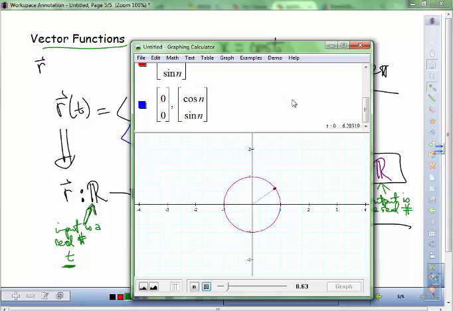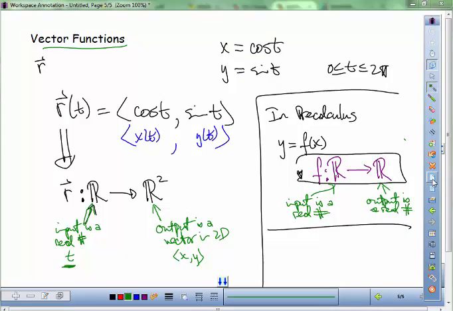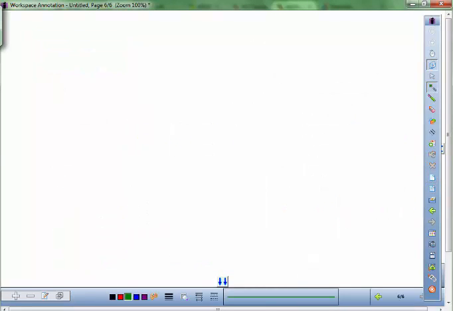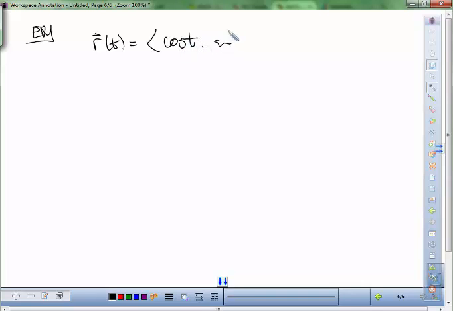Something more interesting is that you can bring this up to higher dimensions and still call it a vector valued function. So along the same lines of the function we just drew, the circle, we can come up with another vector valued function. Let's call it r of t is equal to cosine t, sine t.